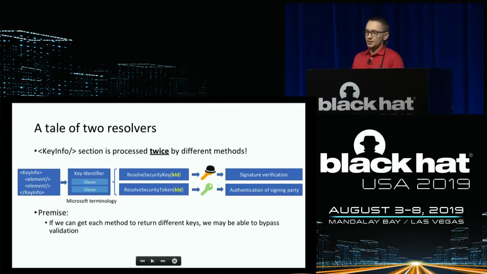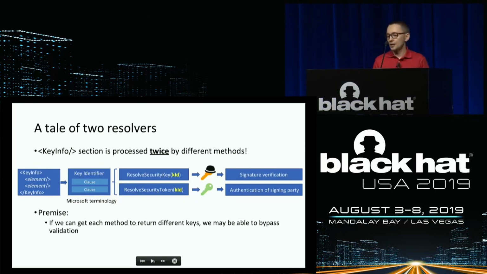In this case, we will be able to use our own key for signature calculation, but the server still identifies us as the expected signing party, and we can bypass the whole signature verification and create a token with any information. This problem affects all places in .NET where XML signature is used, including products that work with SAML tokens.